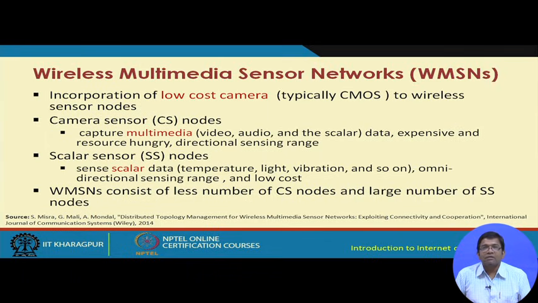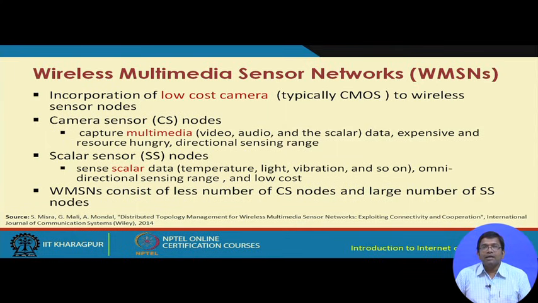Deploying too many cameras in a field is not only expensive, but also that is not a very good solution from a network point of view, because if we have too many images of big size being taken, then these big sized images are going to float all over in the network, and that is not a very good solution for a resource constrained, more specifically a bandwidth constrained environment like a sensor network.